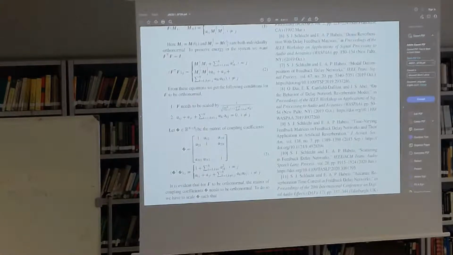I think I had another question as well. Did you consider the case where you have an unsymmetric coupling coefficient, as it is, for example, in the Kuttruff theory, where he came up with these geometric coupling factors?